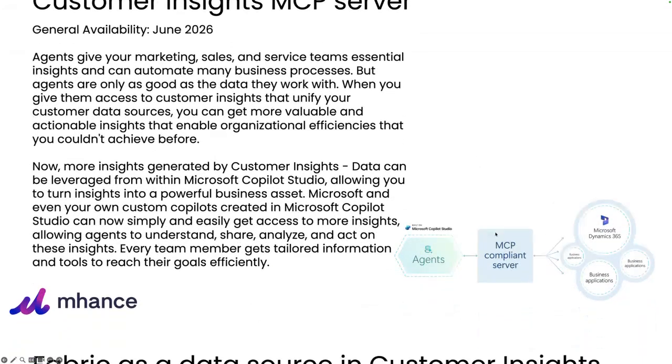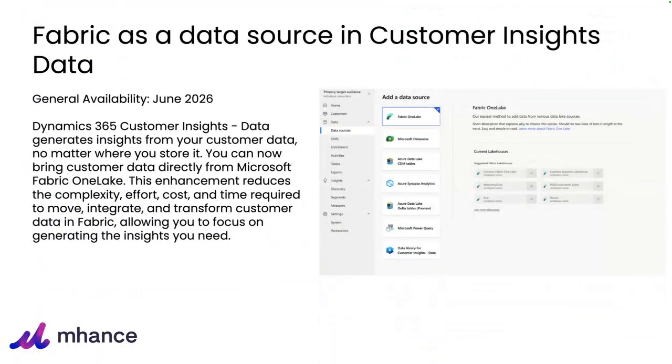Okay, and then this probably is the last feature in Customer Insights that's coming this year. And it's probably been the biggest gap in Customer Insights data, which has stopped us personally adopting and pushing it with clients too much because we were limited in what we could consume in terms of data sources.